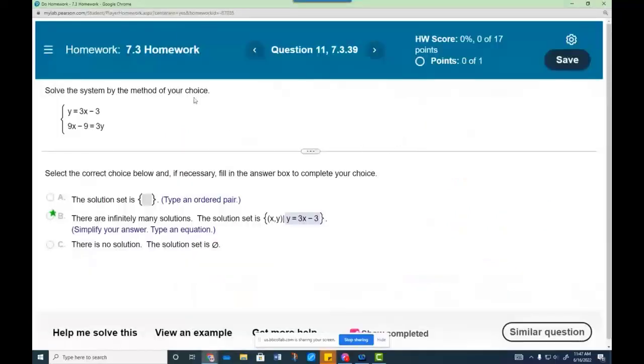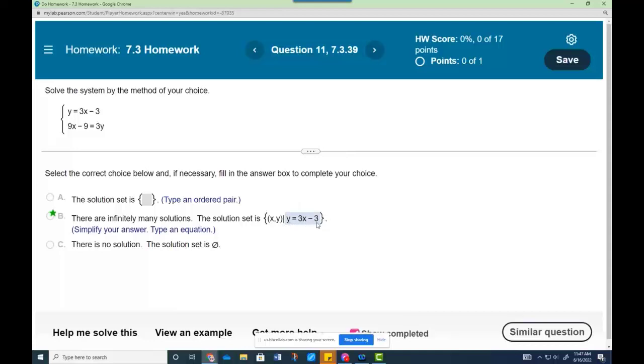Okay? This is a picture of a homework problem where the solution to this system actually is infinitely many solutions. And while any solution can be found by finding a point on the line, when we write the solution set in set notation, you need to type or write an equation. Do not be overly thrown off by that.